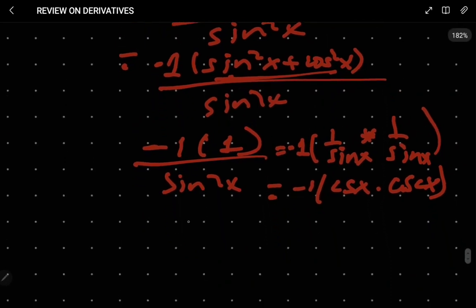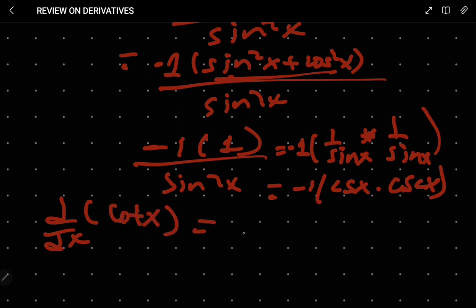So what is d per dx of cot x? This is equal to minus sec square x.